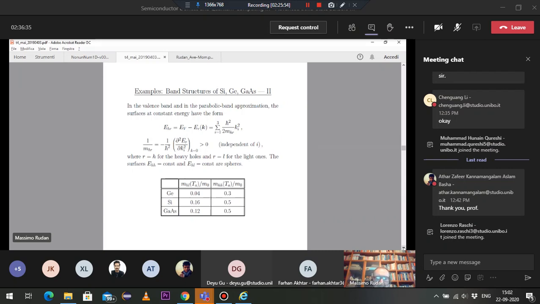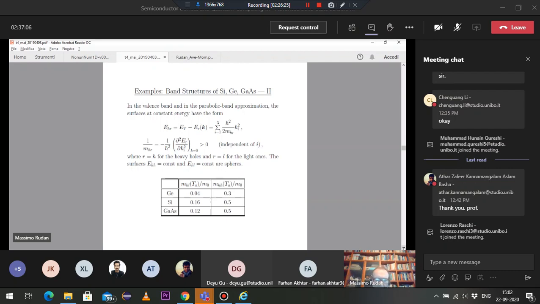MHL is the mass of the hole that belongs to the light branch. Okay, so in the indices, the first H stands for hole and the L stands for light. And you see in the table that the masses are smaller than the free electron mass m0.